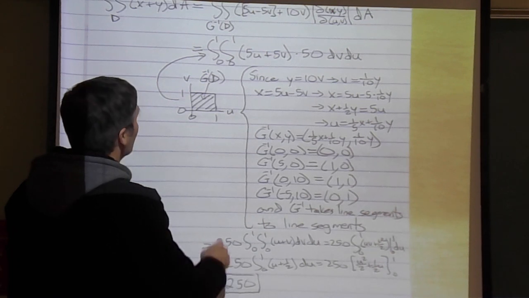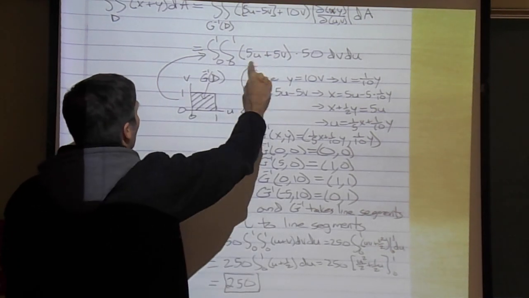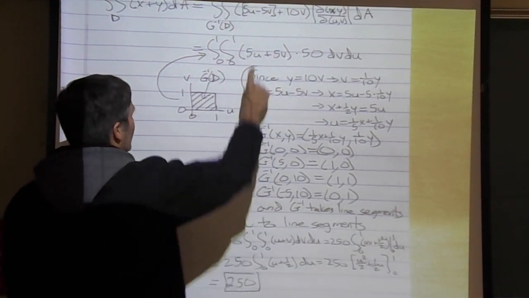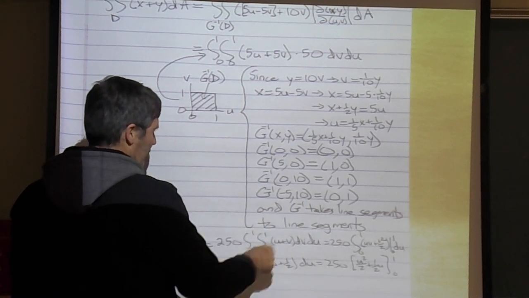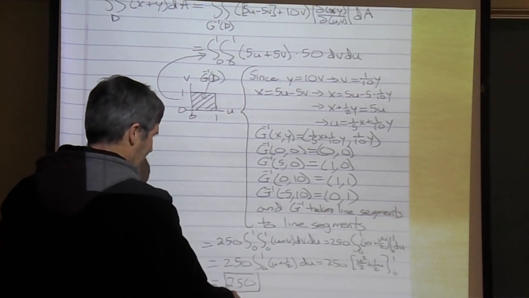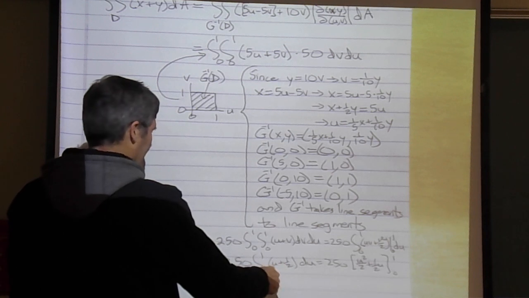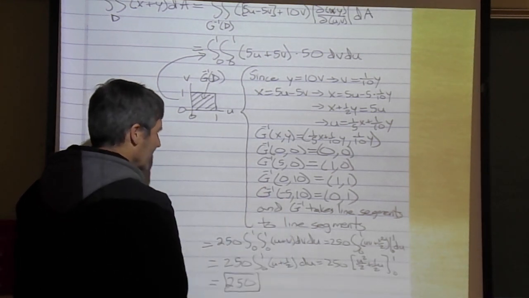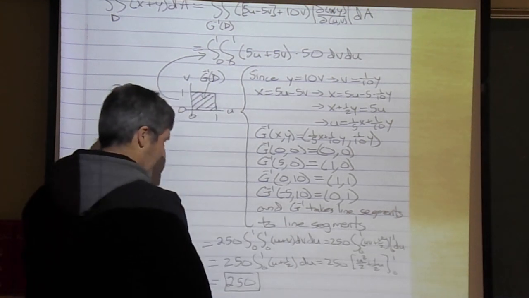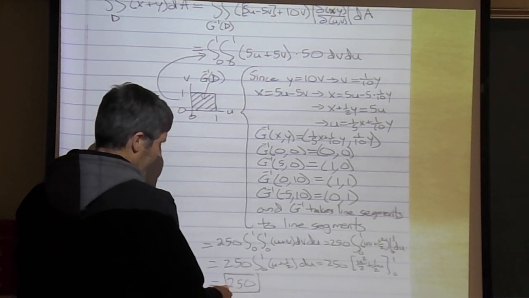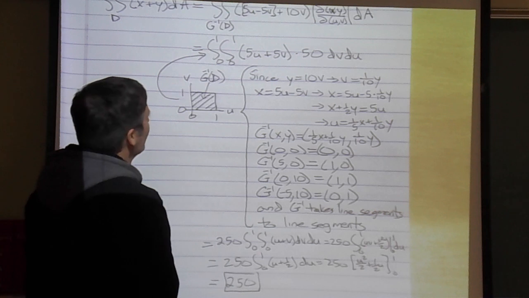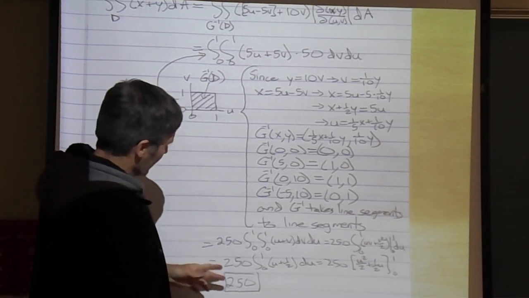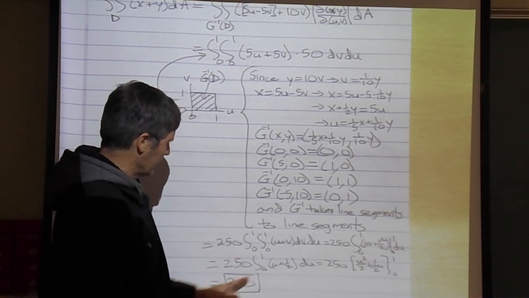And now 5 times 50 is 250, and I integrate u plus v over the unit square. Well, that's easy enough. Integrate it, and you come out with 1 for the integral, and this whole double integral just comes out to be 250 times 1, or 250.